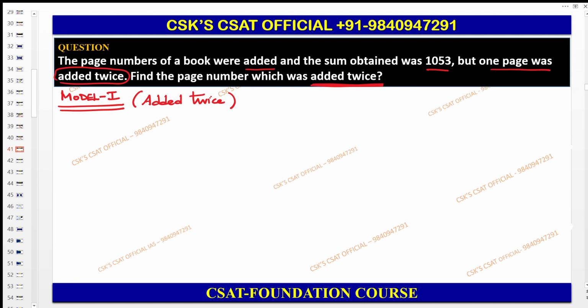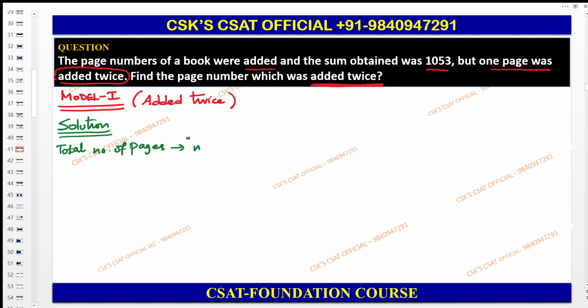Now, listen very carefully. I don't know the page numbers. I don't know the total page number itself. So in this situation, what I am going to do here is I am taking the total number of pages as n. This is the first step.